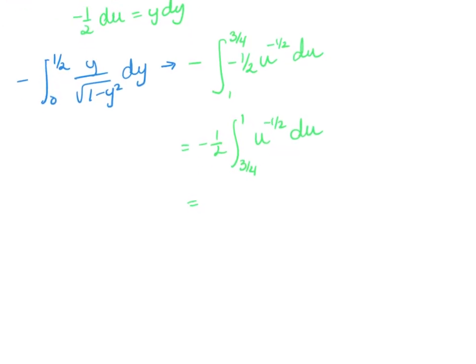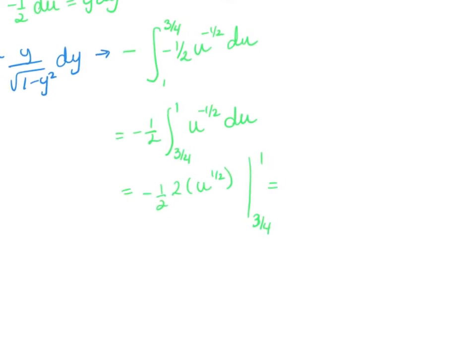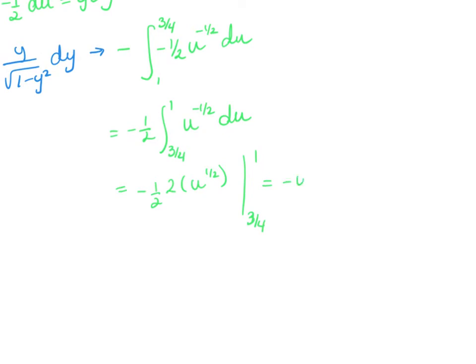So this is going to be equal to negative 1/2, and I'm going to add 1, so that becomes u to the 1/2, and then I divide by 1/2, so multiplied by 2, u raised to the 1/2, evaluated from 3/4 to 1. This becomes negative u raised to the 1/2, evaluated from 3/4 to 1.